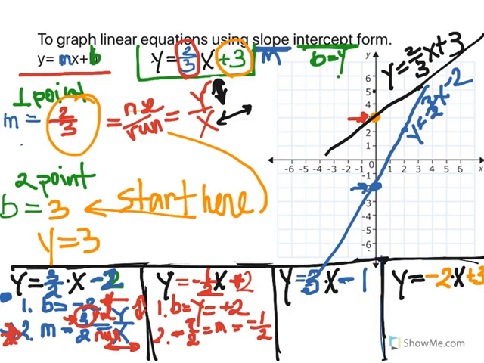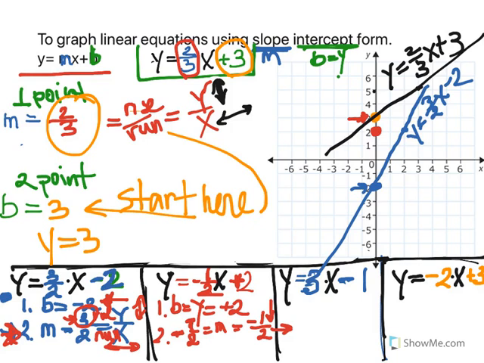Red. First thing, find the y-intercept. Here is the y-intercept, 2 right here. From here, I'm going to use my slope. My slope is negative 1 over 2. My rise is negative, so I'll be going down on the y-axis to 1, and then I'm going to go to the right 2 because my x or my run is positive.